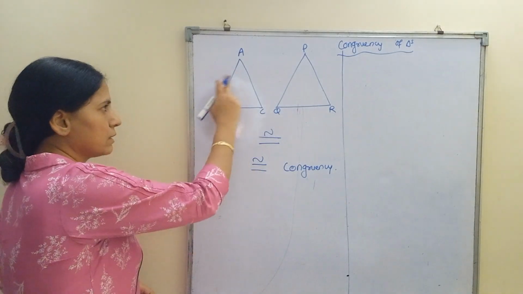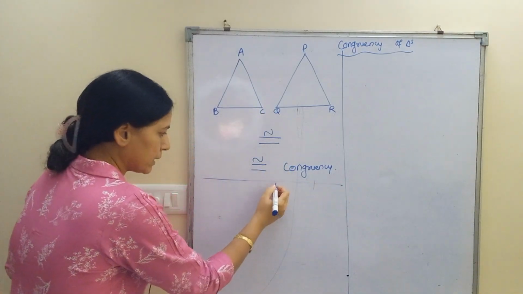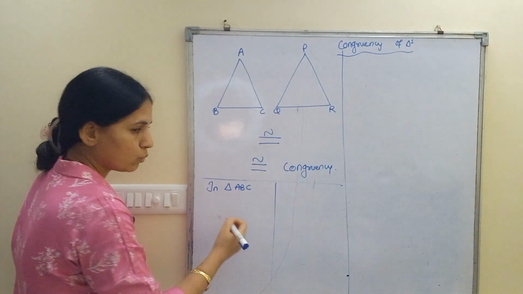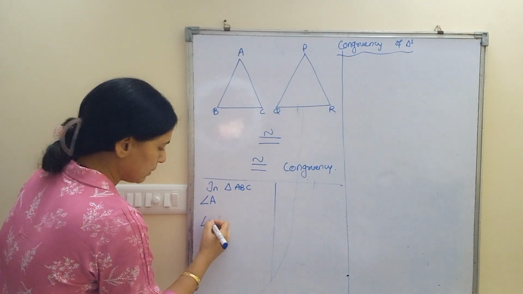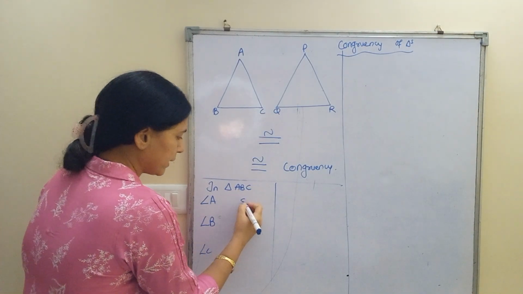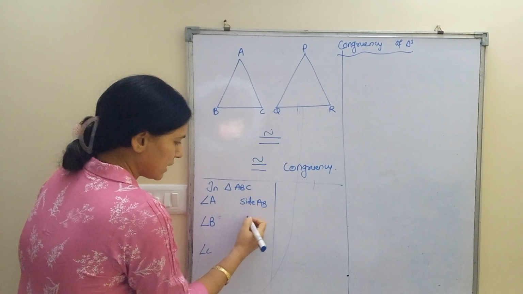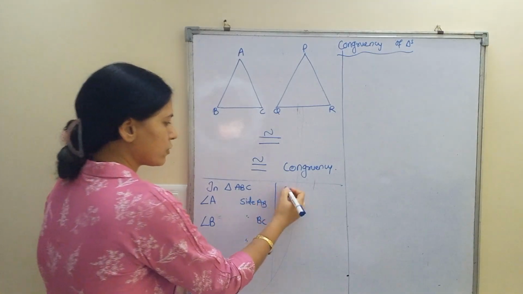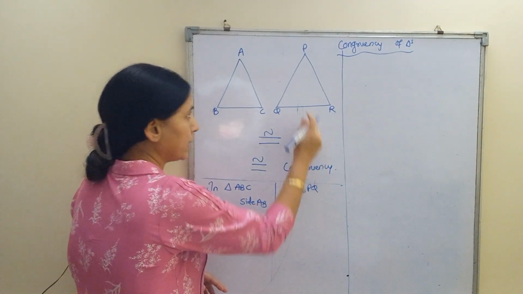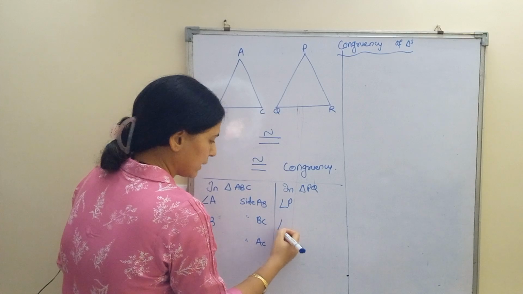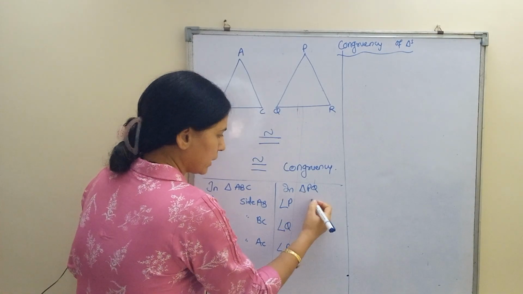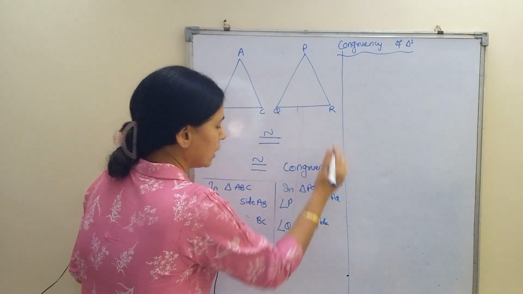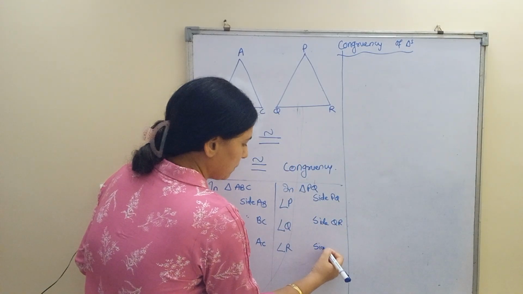In triangle ABC, we find angle A, angle B, angle C, and side AB, side BC, and side AC. Similarly, in triangle PQR, we find angle P, angle Q, angle R, and side PQ, side QR, and side PR.